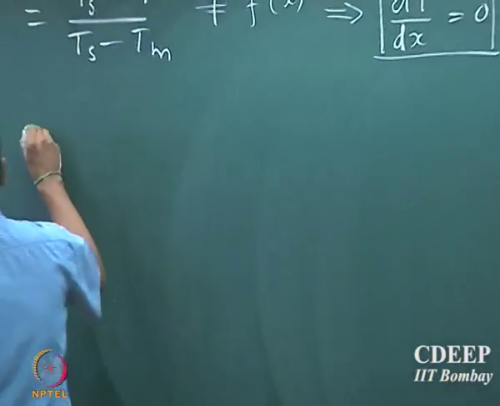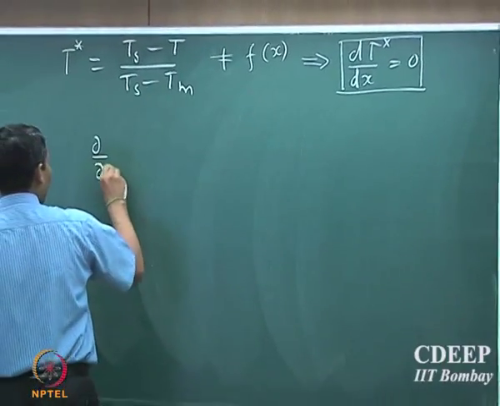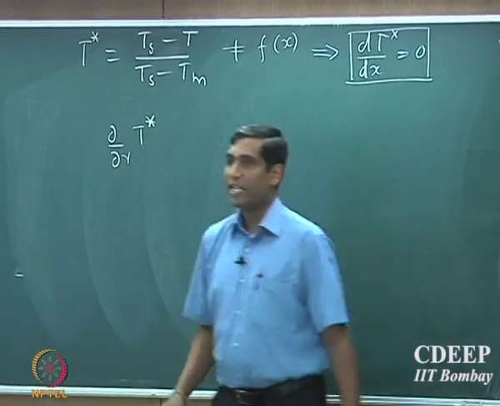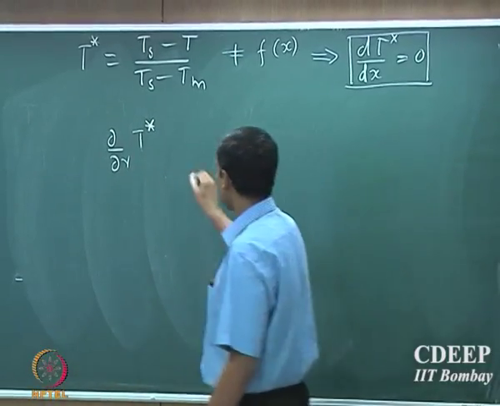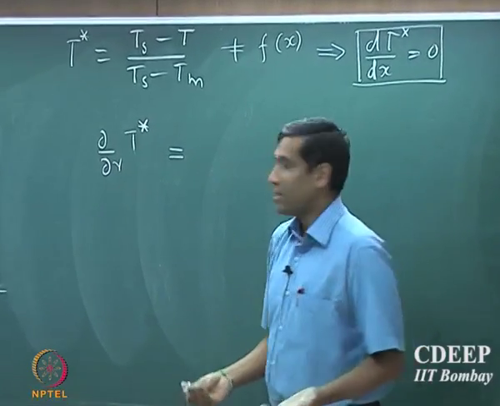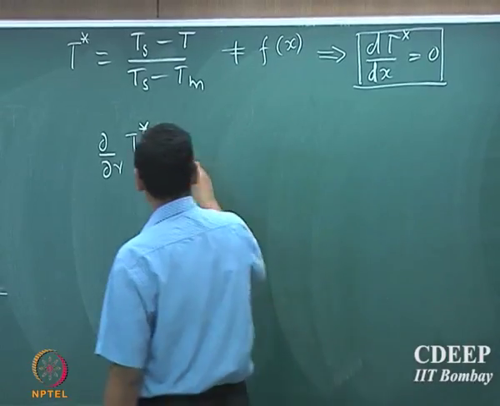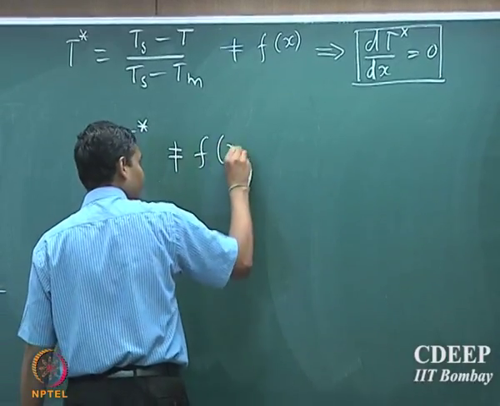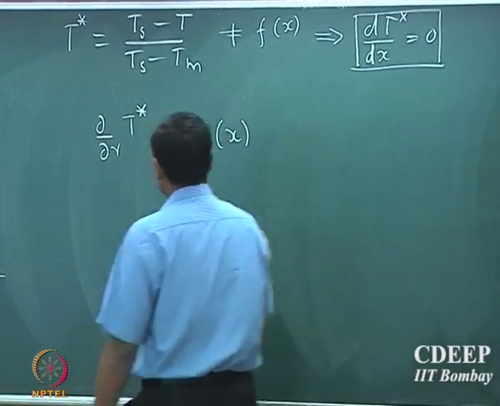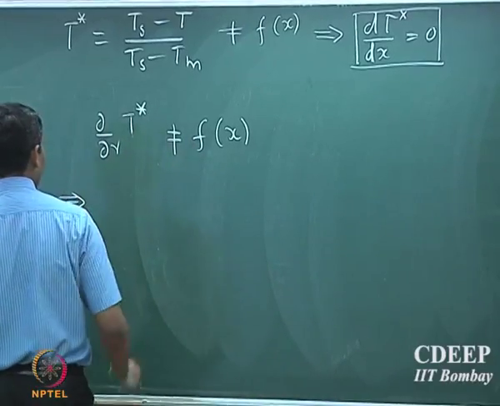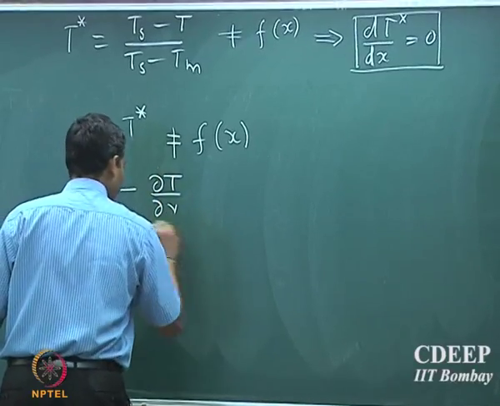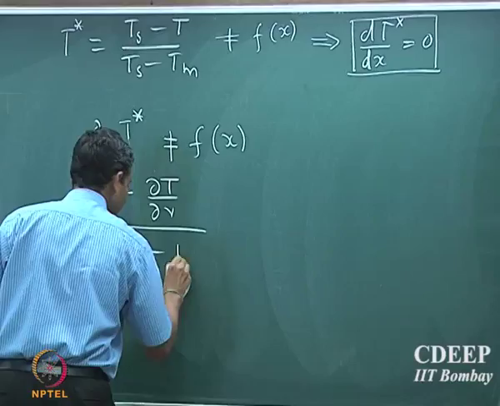So supposing now I take d by dr of T star, is that a function of the x position? No, T star is not a function of x position, therefore this is also not a function of the x position. Okay, so now dT star by dr is nothing but minus dT by dr divided by Ts minus Tm.